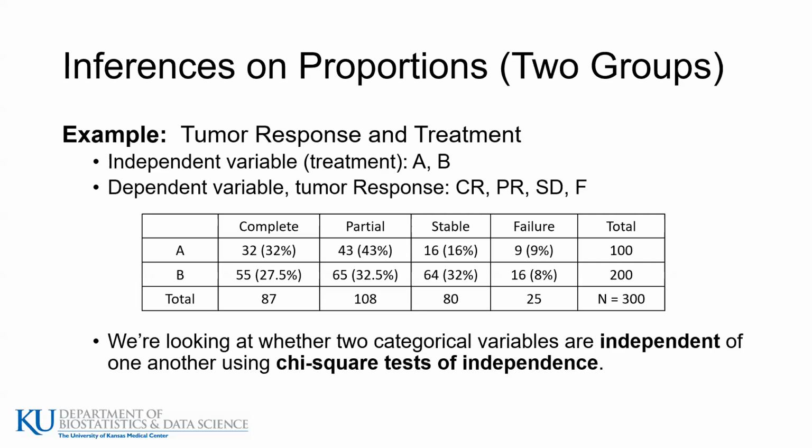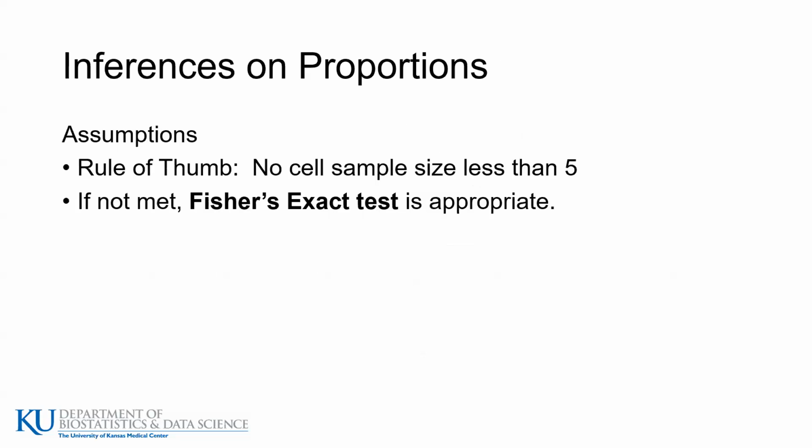So here we're looking at whether 2 categorical variables are independent of one another using a chi-squared test of independence. This is similar to the chi-squared test that we conducted previously.